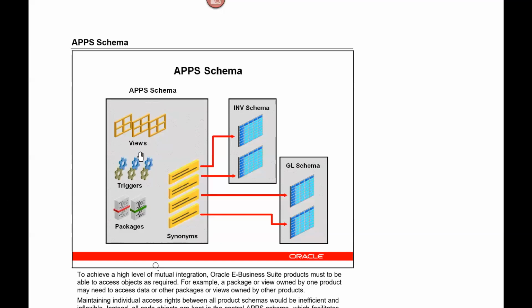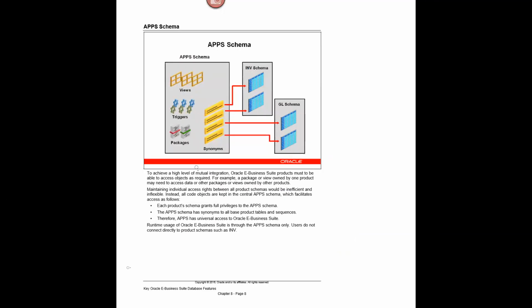It is the owner of views, triggers, packages and synonyms. Inventory will have inventory tables and GL will have GL tables, but all the packages and triggers for these schemas will be available in the apps schema only.